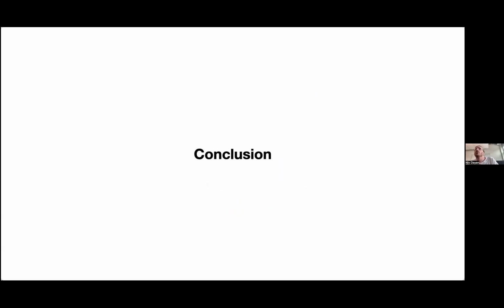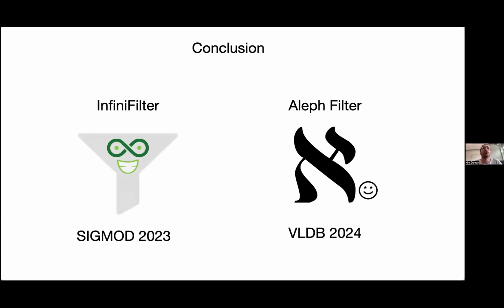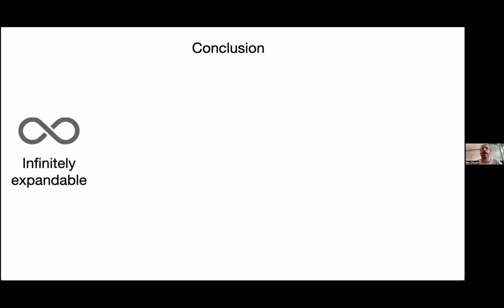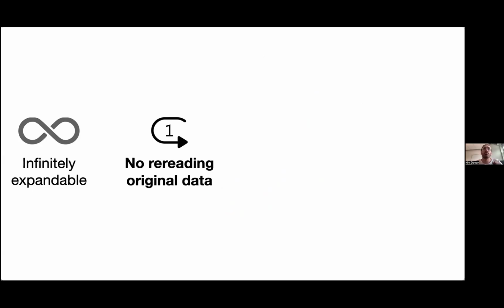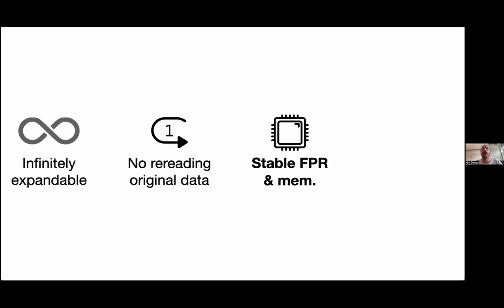Okay, so here is the conclusion. We introduced these two papers, InfiniFilter and AliFilter, and they allow you to infinitely expand filters as the data size grows. You can expand these filters without rereading the original data. As you expand, they allow you to maintain a stable false positive versus memory trade-off.